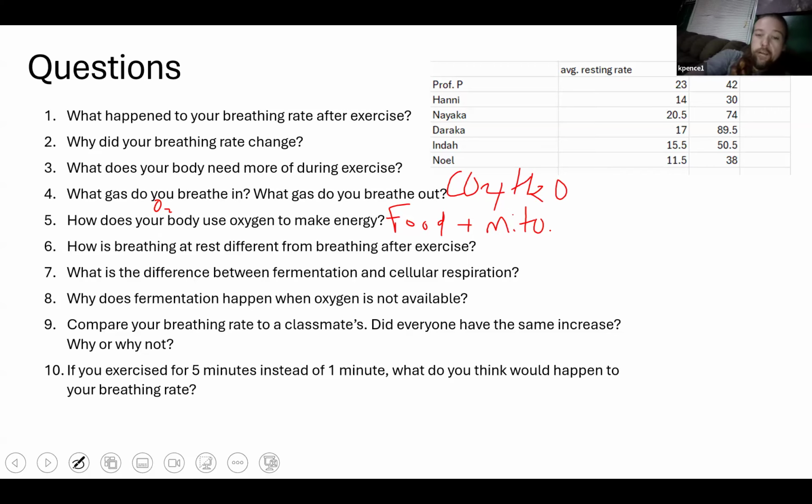Okay, how about this one, number 7? What we just did was cellular respiration or aerobic respiration. How does that one differ from fermentation? So there's one big difference here.